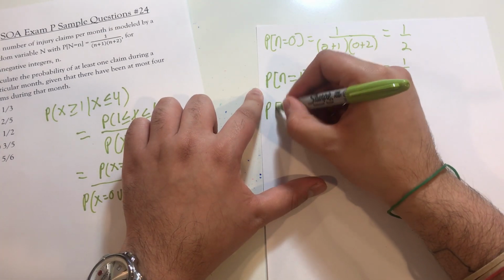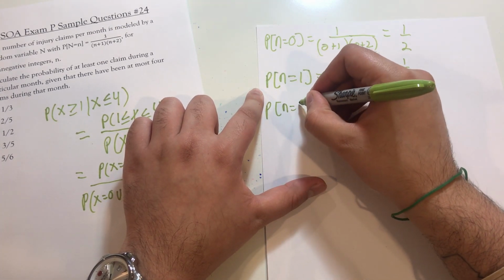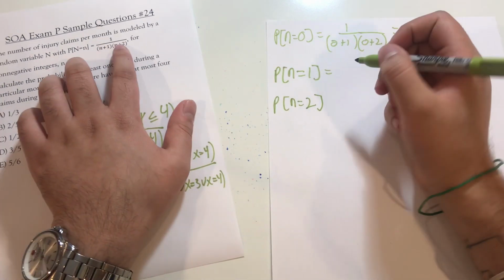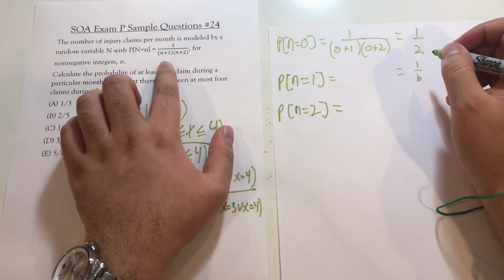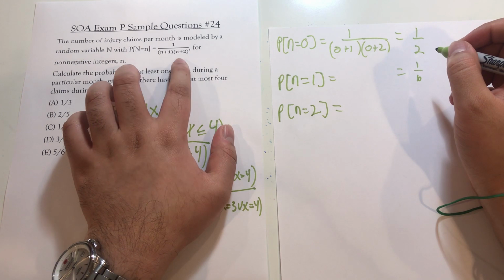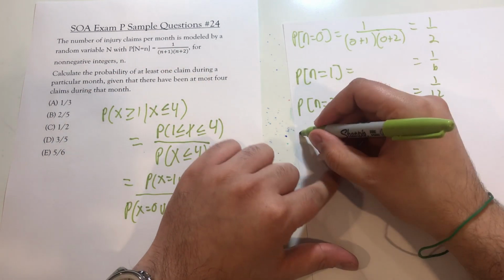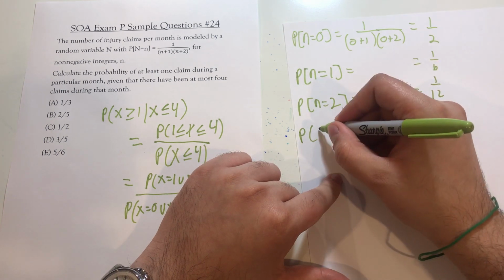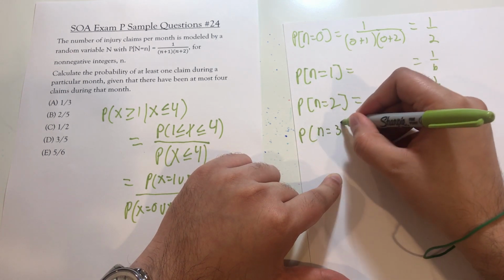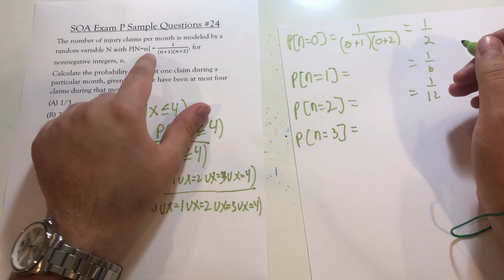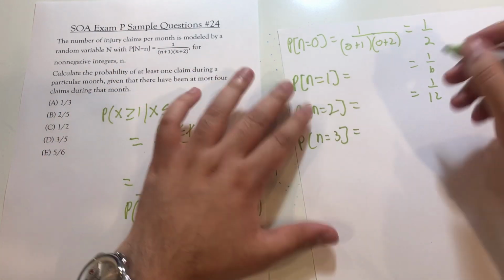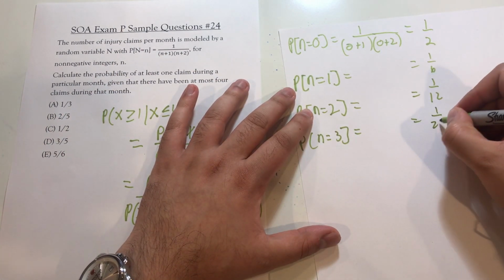The probability where N is equal to 2 is 3 times 4, 12, so 1 over 12. The probability that the number of claims is equal to 3 is 4 times 5, 20, so that's equal to 1 over 20.